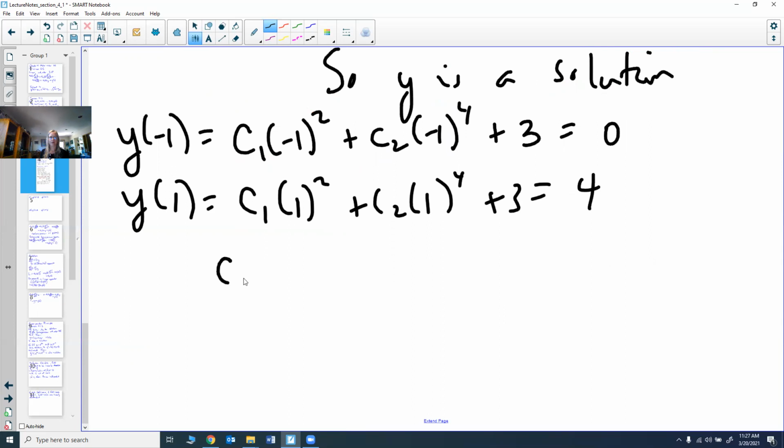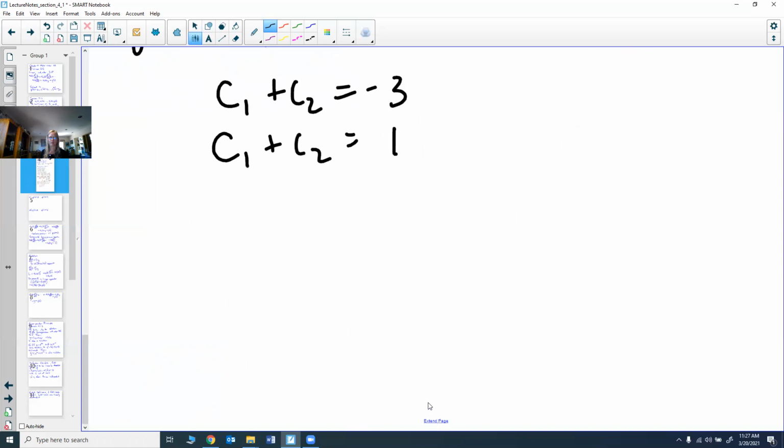So I notice I have c1 plus c2 in the first equation equals -3 if I take that 3 to the side. And the second equation gives me c1 plus c2 equals 1 when I take the 3 to the other side. I notice I have 2 equations and 2 unknowns, so I get to solve this system.